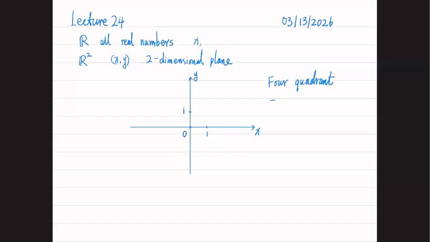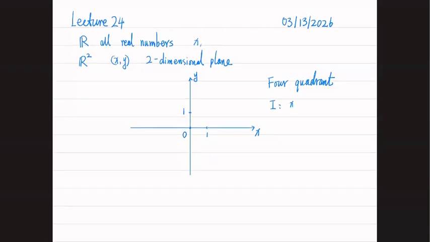The first quadrant, where both coordinates x and y are positive. Second quadrant, this is the first, second, third, fourth.